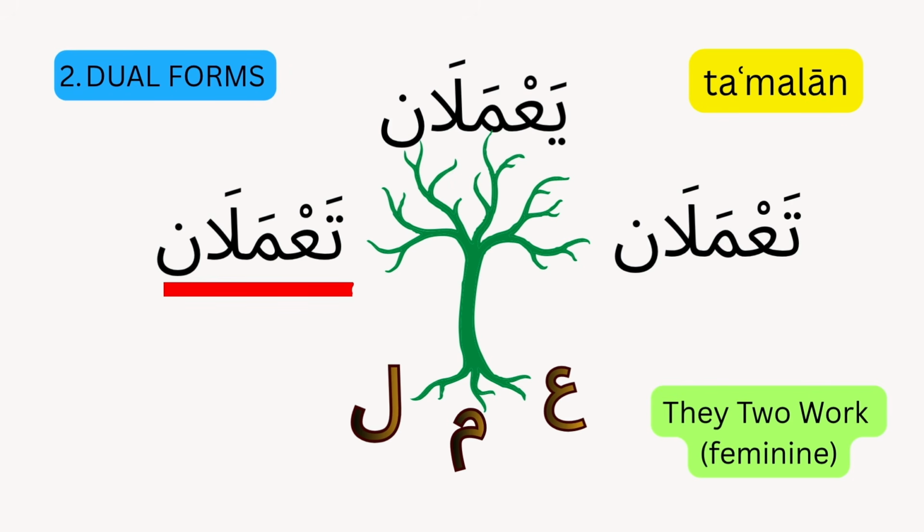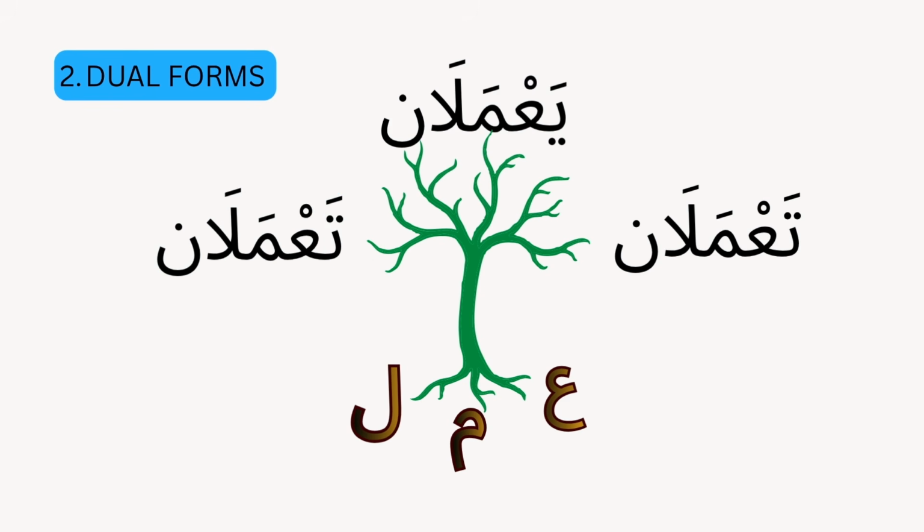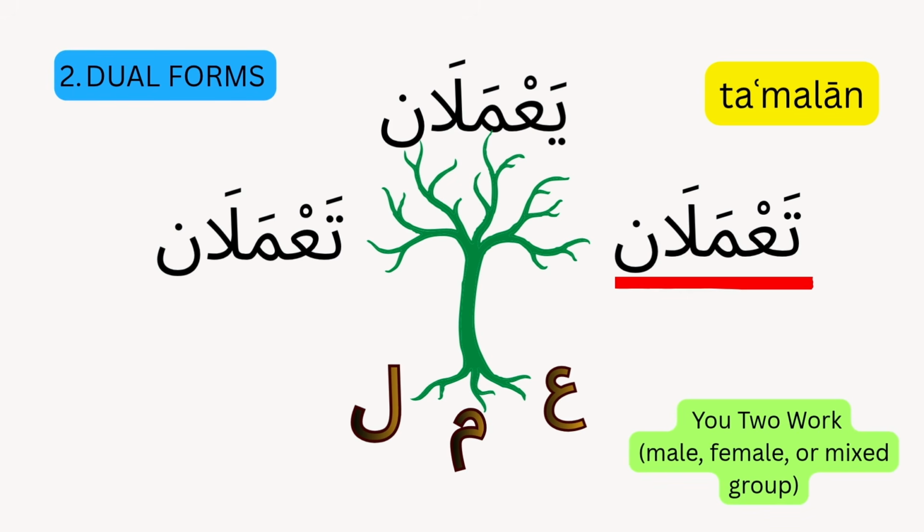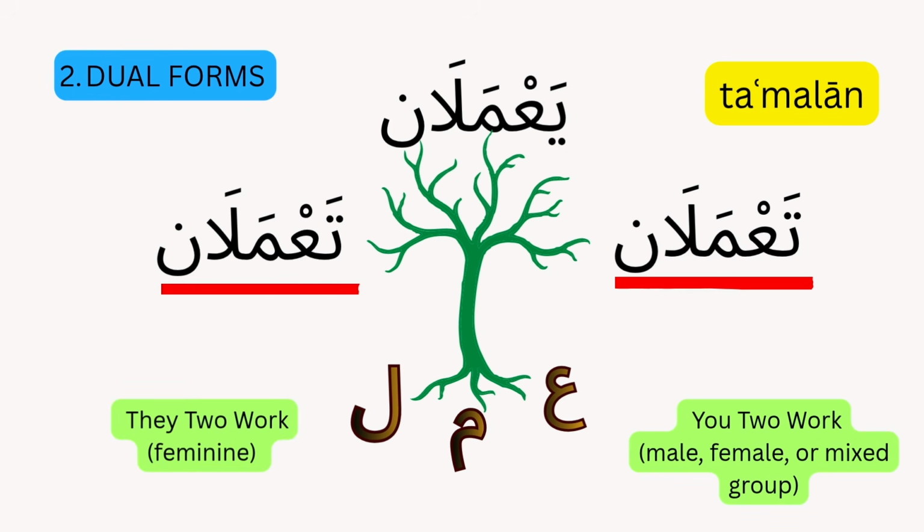We add ta at the beginning to show that they, feminine, are the ones doing the action, and alif nun at the end to show that the number is 2. They two feminine work. Notice how you two and they two feminine have the same form. تعملان. This is similar to what we saw in the singular form, where the form is also the same.